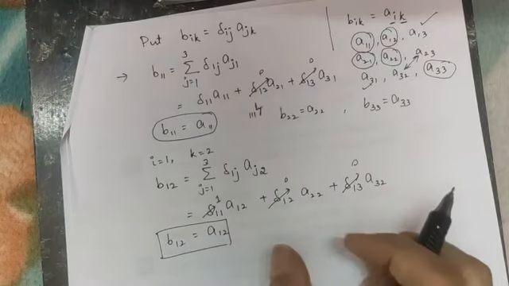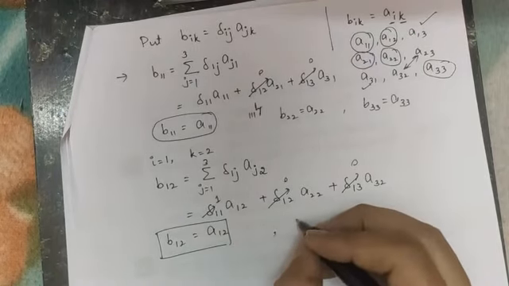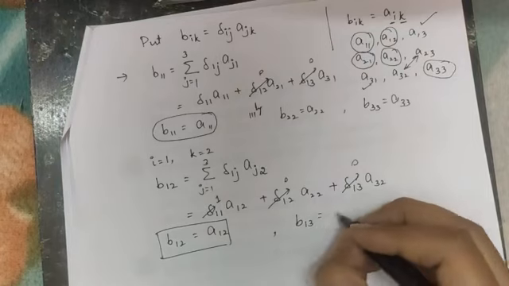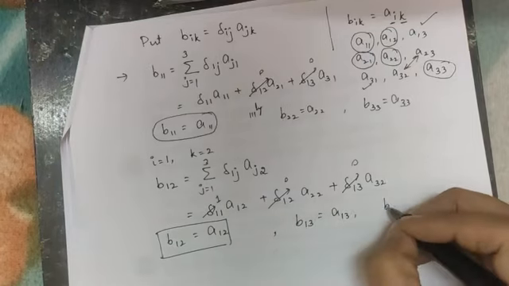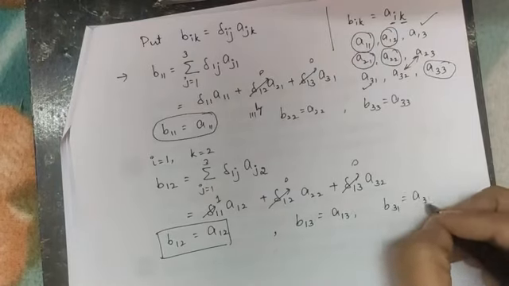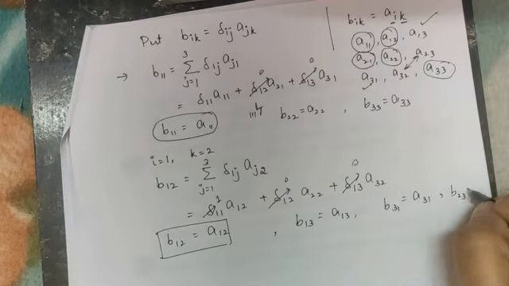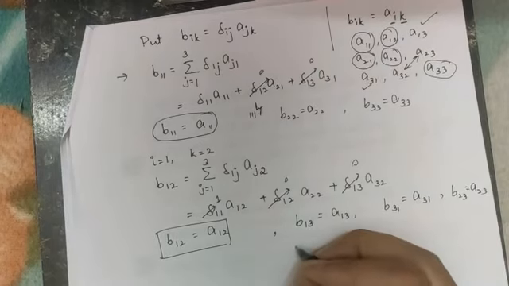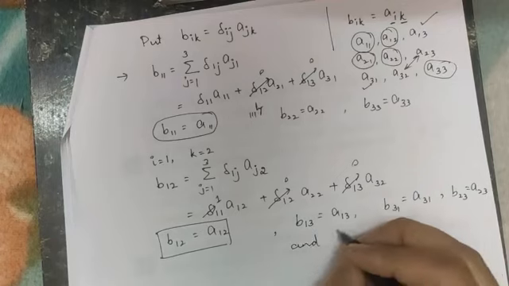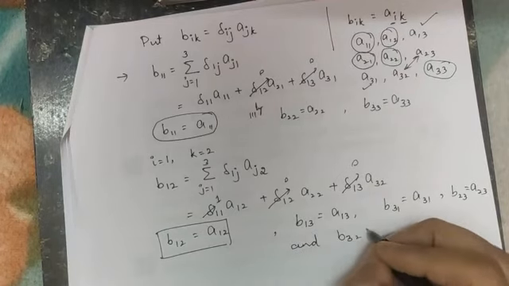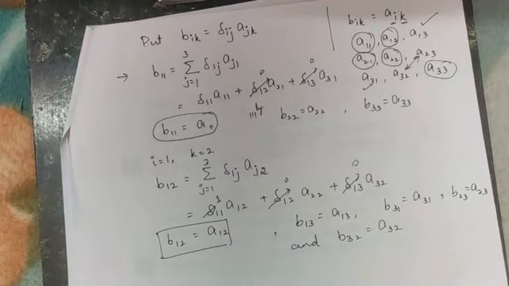So from this we can conclude that b13 will be equal to a13, b31 will be equal to a31, b23 will be equal to a23 and b32 will be equal to a32, right?